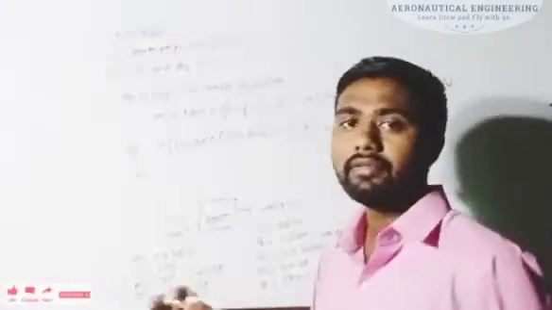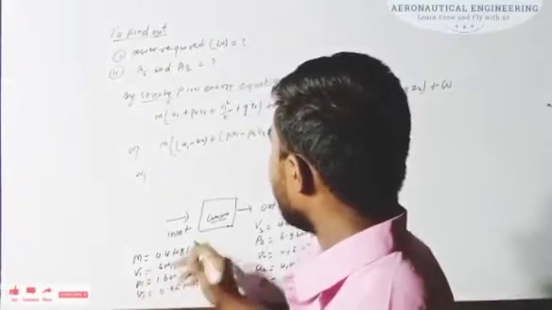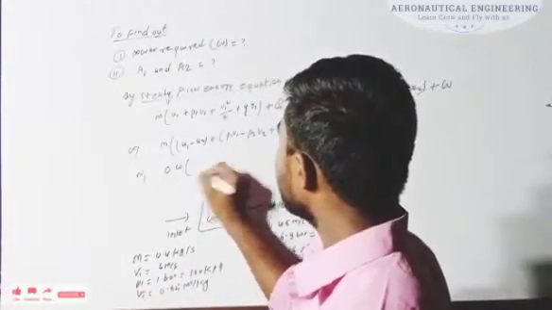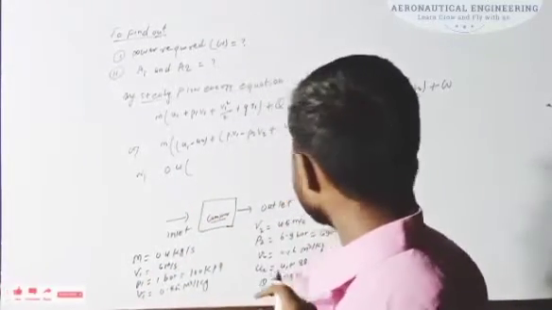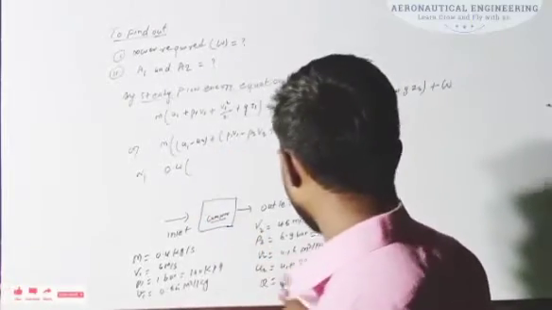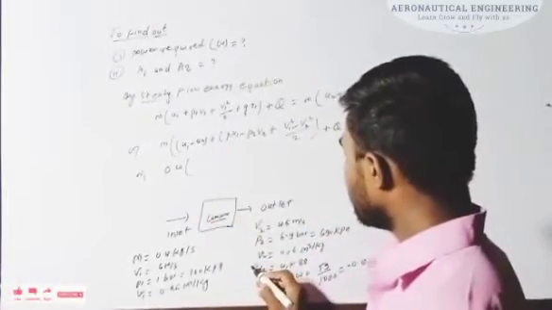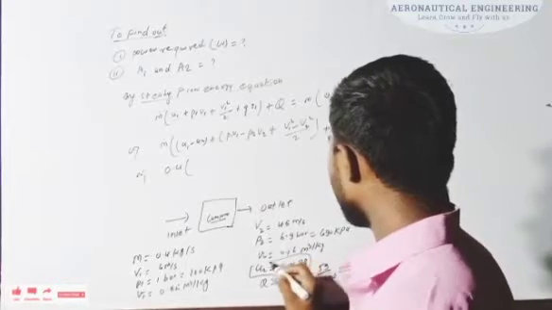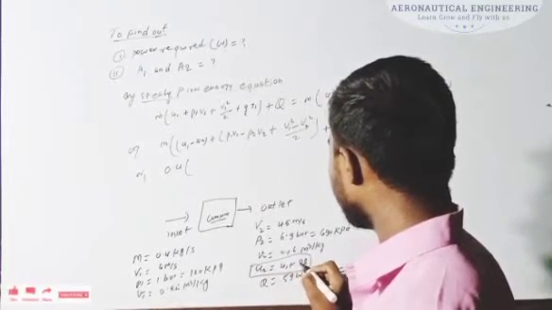Here m dot, the rate of mass of airflow, is given as 0.4. For u1, see here, u2, the outlet internal energy, equals inlet internal energy plus 88.